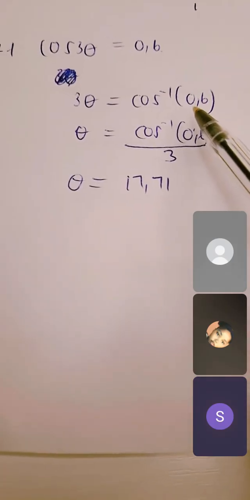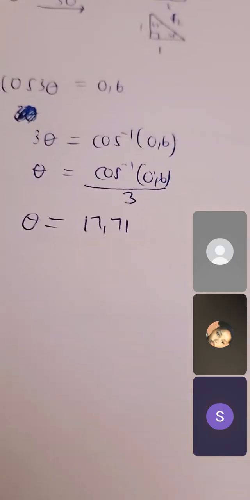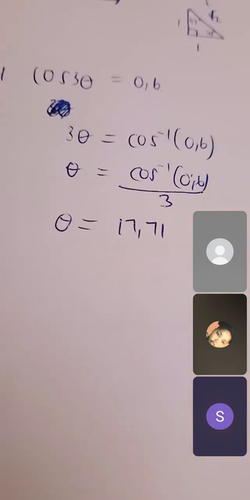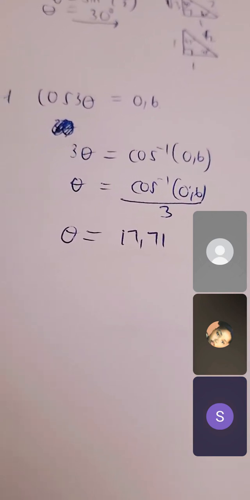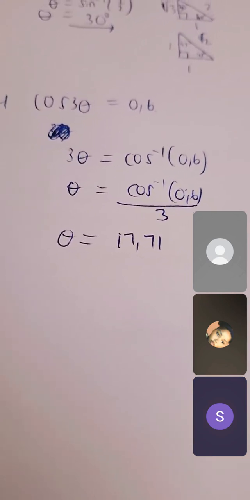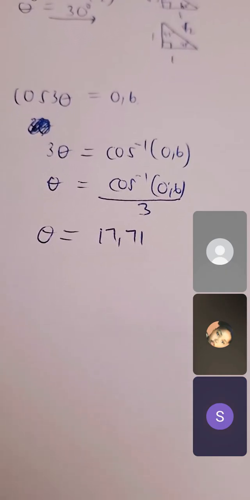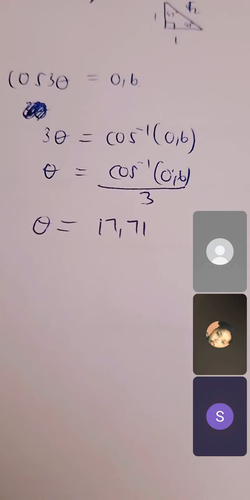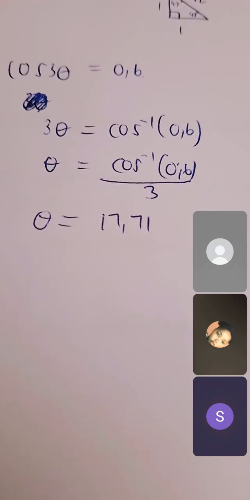Just check with arc cos of 0.6. What do you get? It's 53,130,10235.